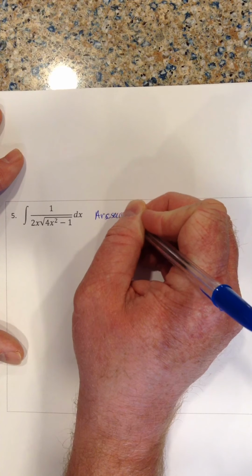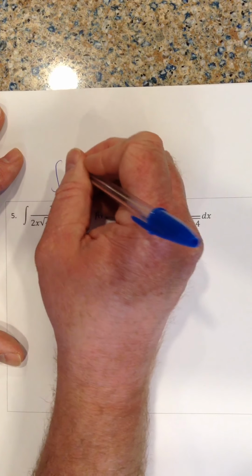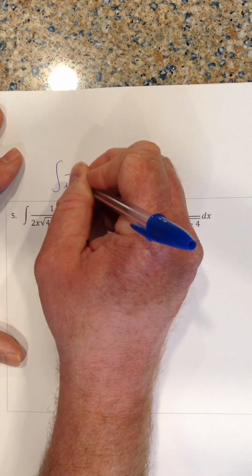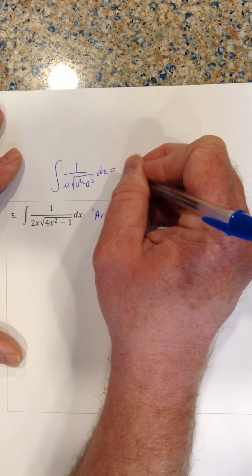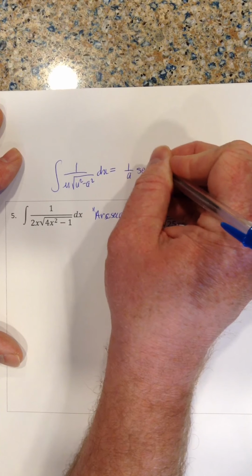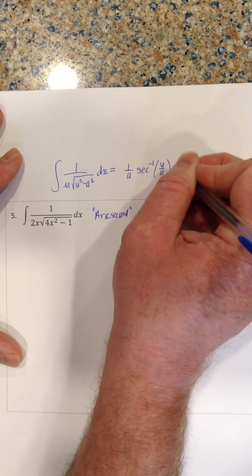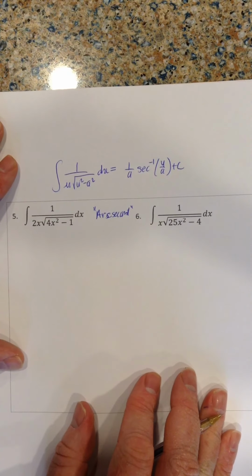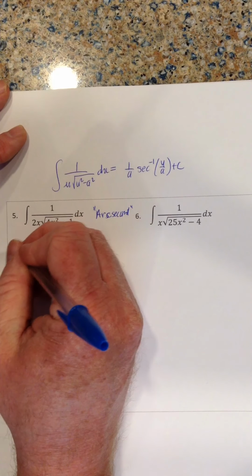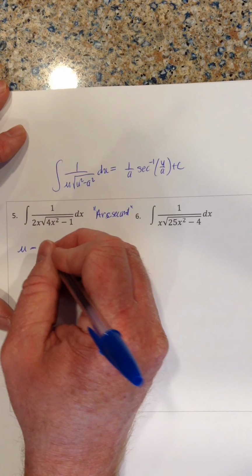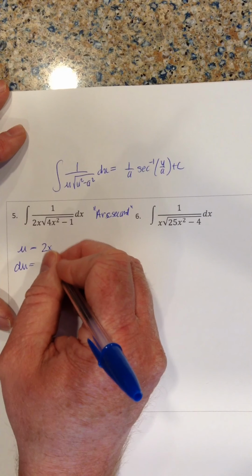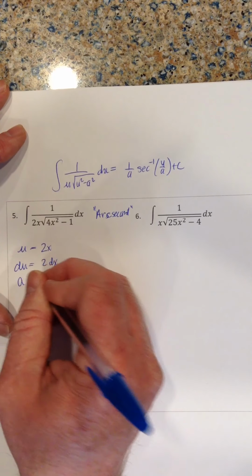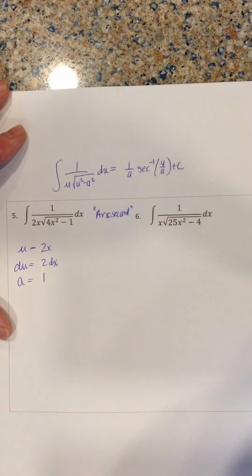Alright, two more. These ones follow the arc secant rule, and the arc secant rule is the integral of 1 over u square root of u squared minus a squared du, which is equal to 1 over a arc secant of u over a plus c. Okay? So u is equal to 2x, du would be equal to 2 dx, and a is equal to 1 here.